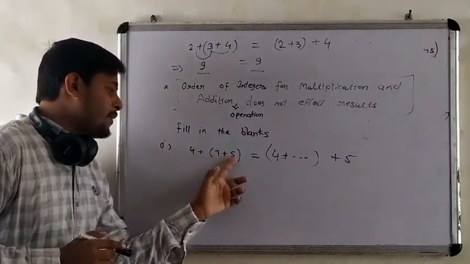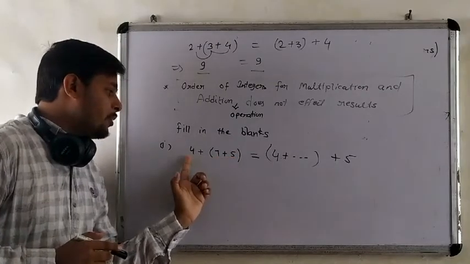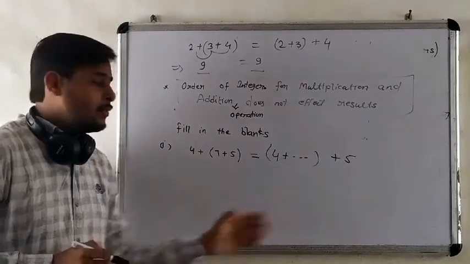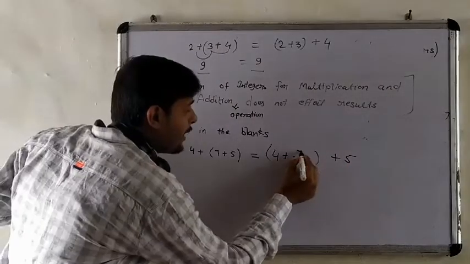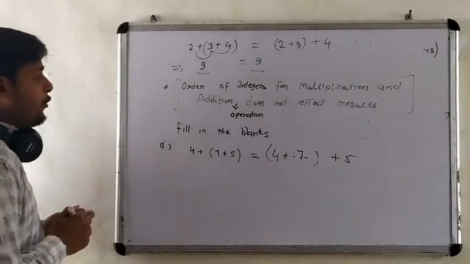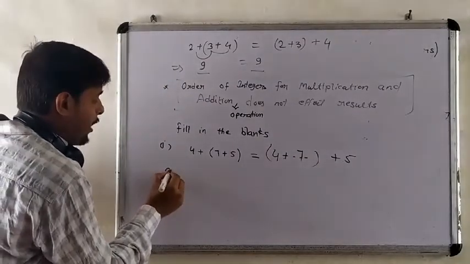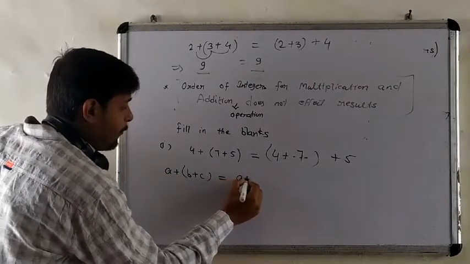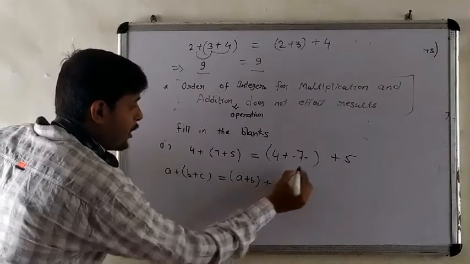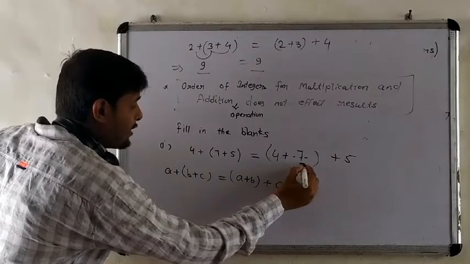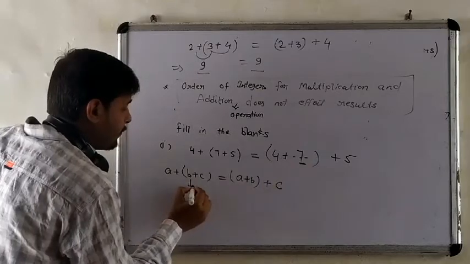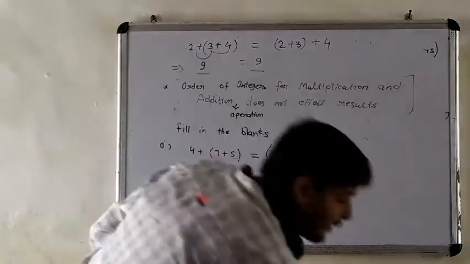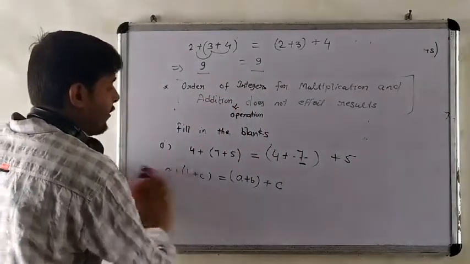The result is 7 plus 5 is 12, 12 plus 4 is 16. Here result is 5 plus 4, 9. So the number remaining is 7. According to associative property, A plus B plus C is equal to A plus B plus C. So we can say here the number is 7. This type of question may be asked in exams.